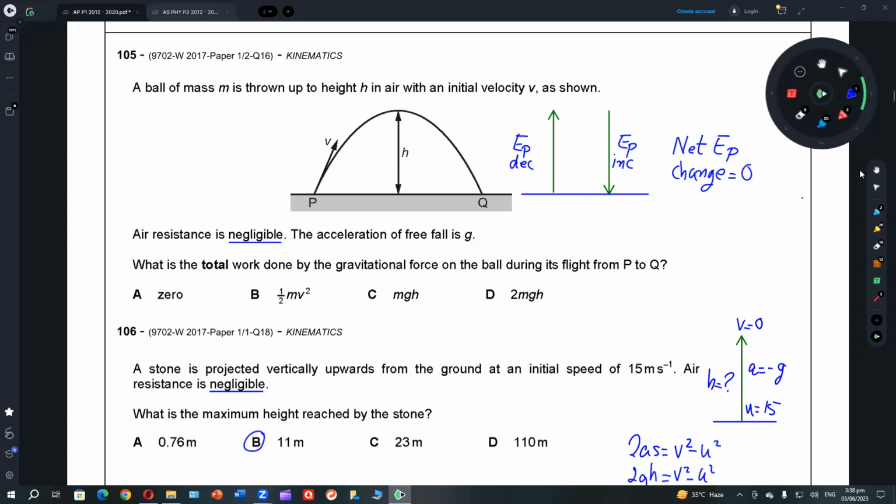Because when it travels upward and then comes down, the overall change is the same. There is no air resistance, so the work done would be equal to 0.